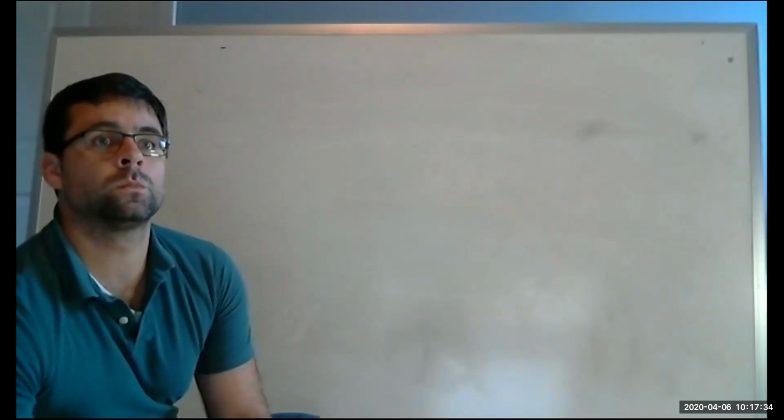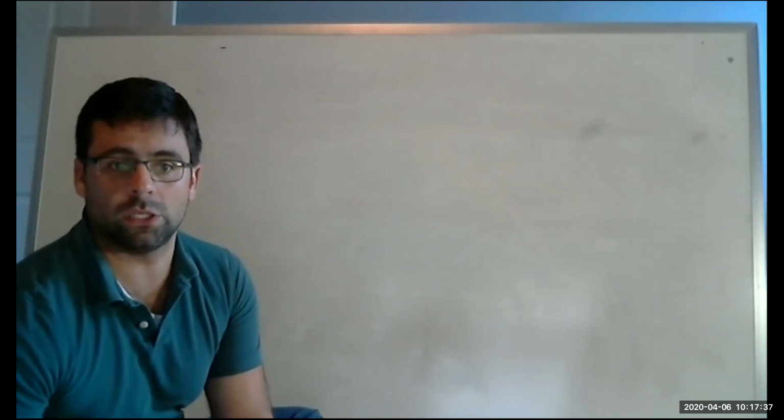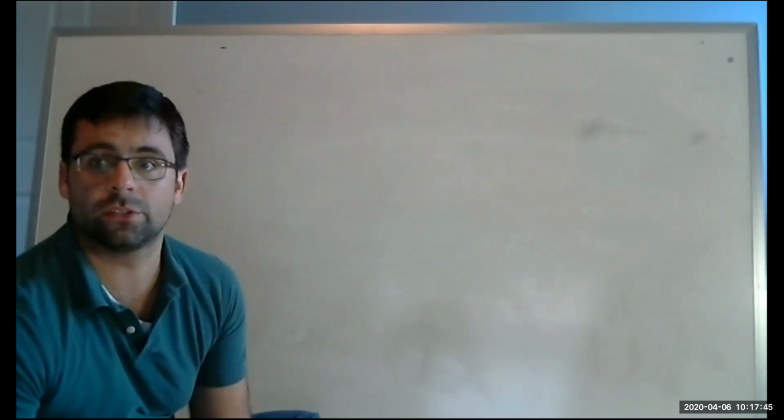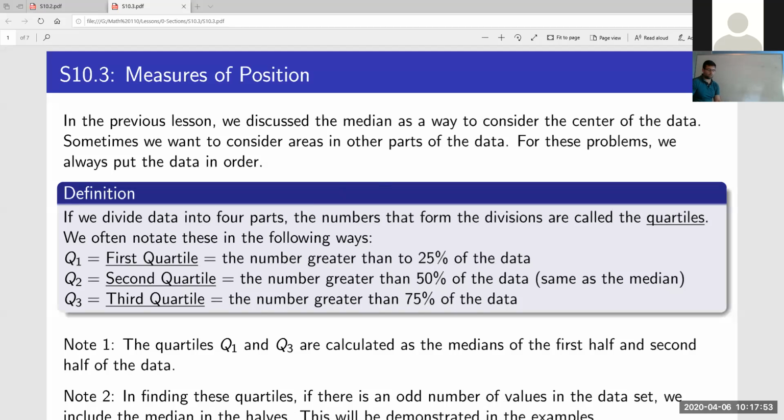So, let's continue on with 10.3. We've talked about measures of central tendency, this idea of looking at the data, some numbers that try to take the data and shrink it down into a couple helpful little tidbits.